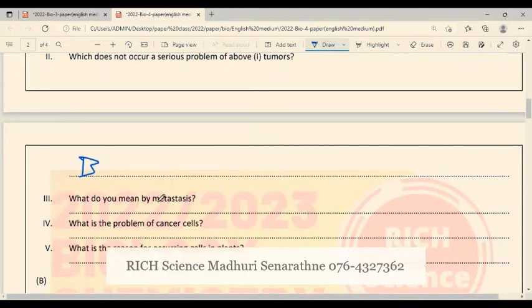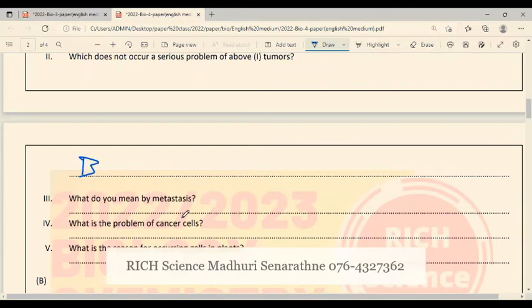What do you mean by metastasis? You have to write spreading of cancer cells. You can use this space also.